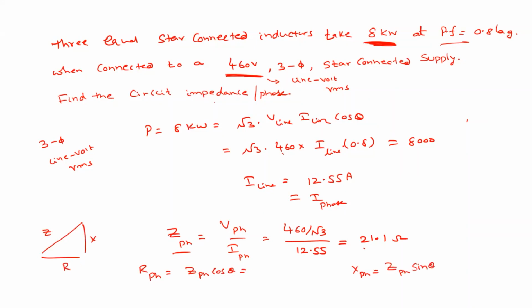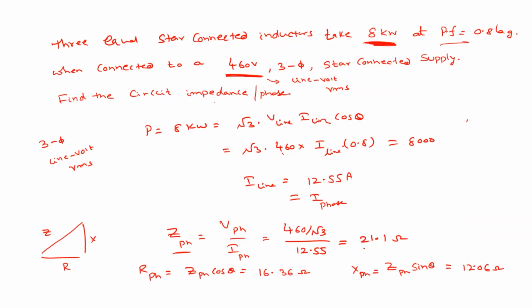So what is Z phase into cos theta? 16.36 ohm. And X phase is 12.06 ohm.